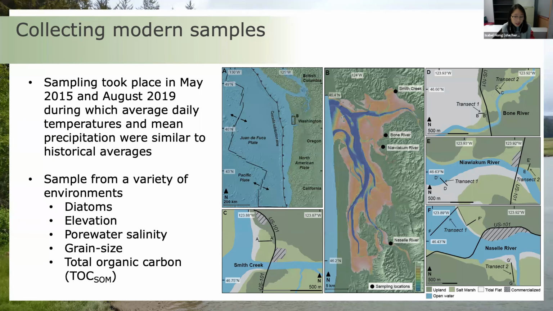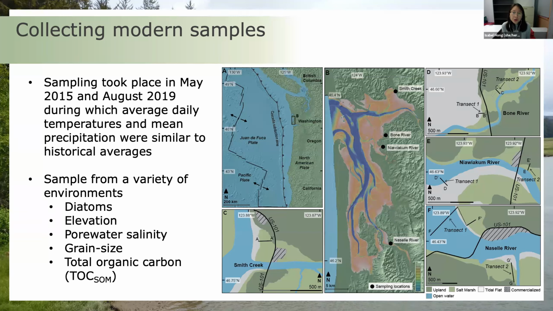Now, we sampled more than one transect at some of these locations in order to capture a wider range of environments that we wouldn't have been able to do from just a single transect. At each of these transects and from each of the sampling stations within each of these transects, we also measured elevation using an RTK GPS or a total station, and then tie those measurements to a tidal benchmark that allowed us to relate these sampling locations relative to mean tide level.